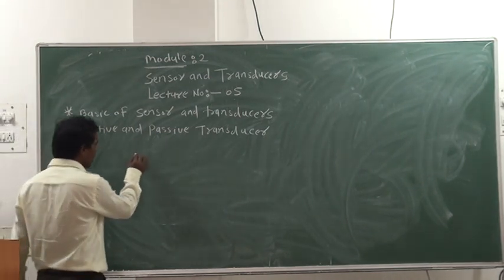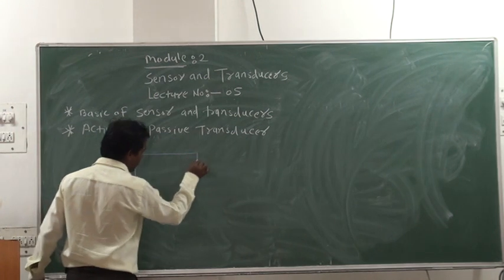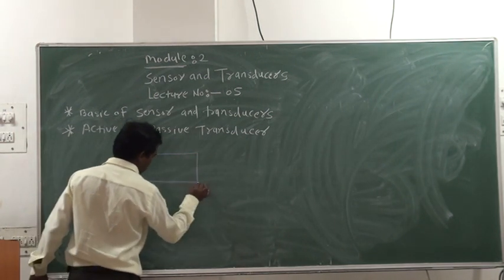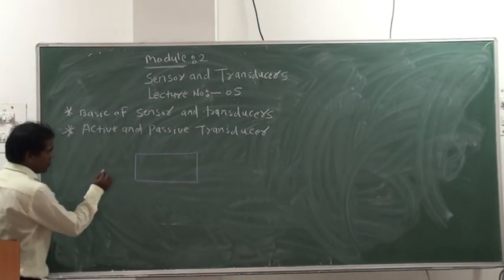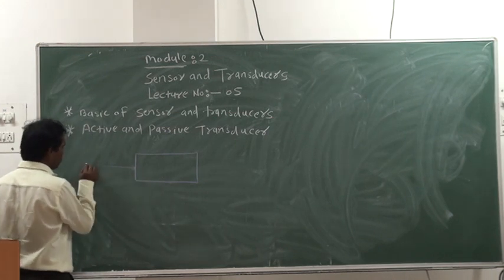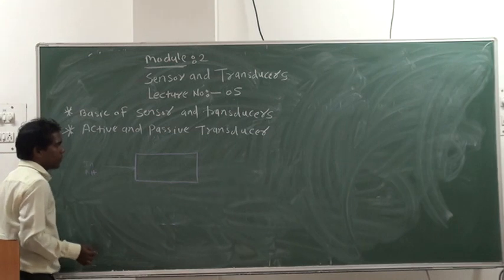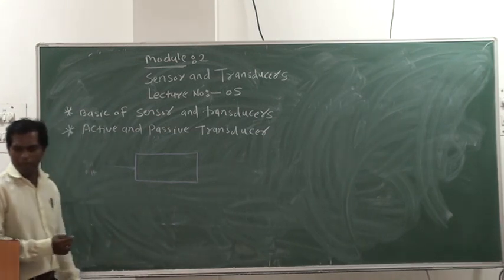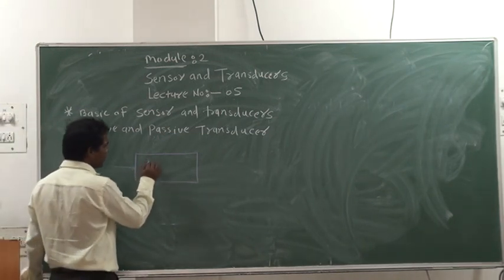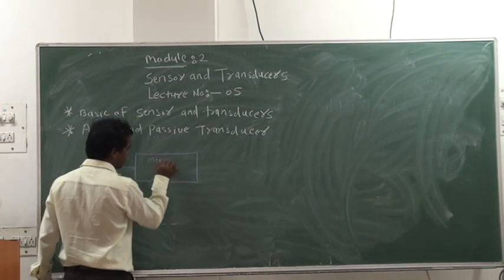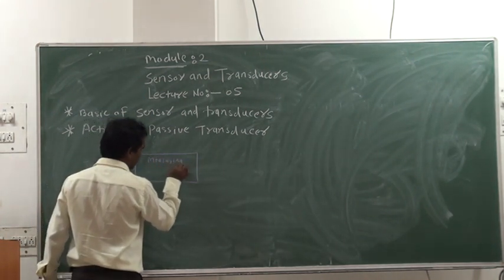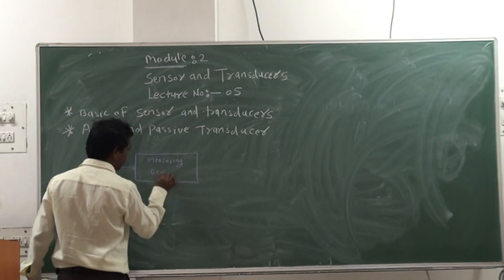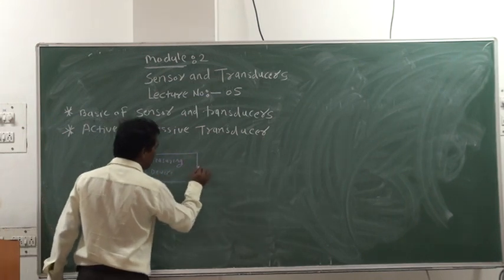So here consider a basic block which is given input, then measuring device, and output.